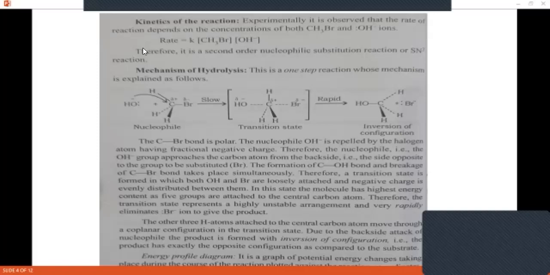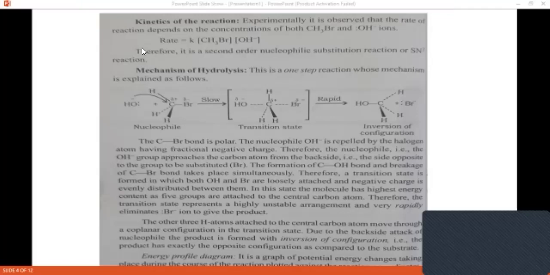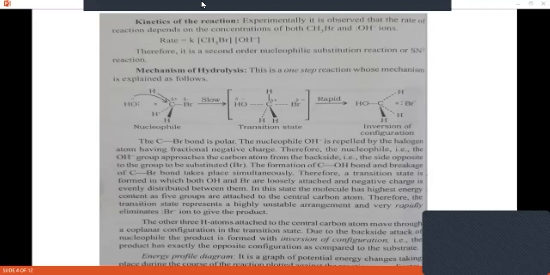The two reacting species are involved in the rate determining step of the reaction. SN2 stands for substitution nucleophilic bimolecular reaction. The SN2 reaction is a one-step reaction.